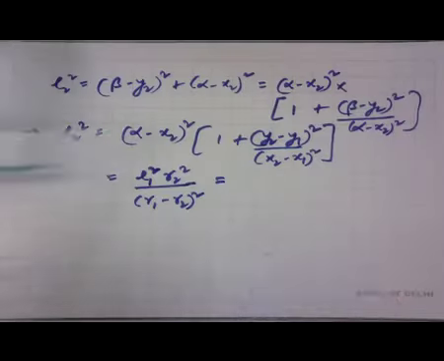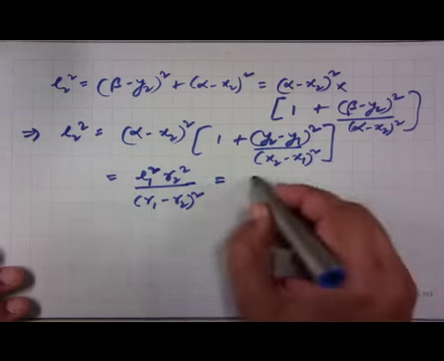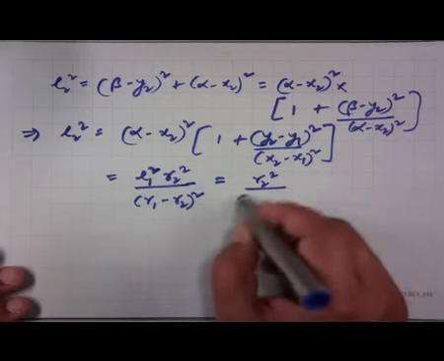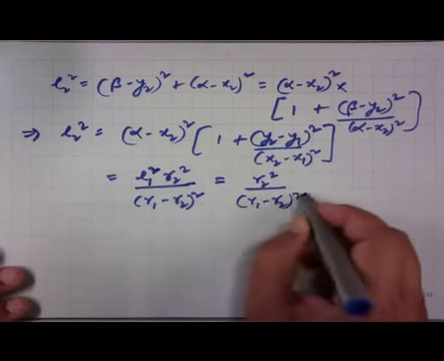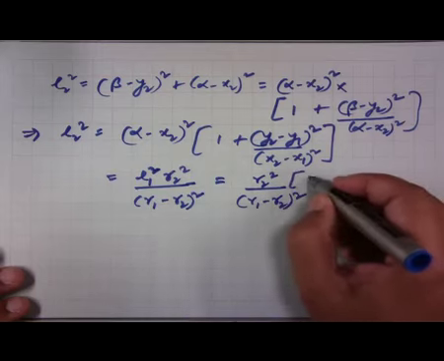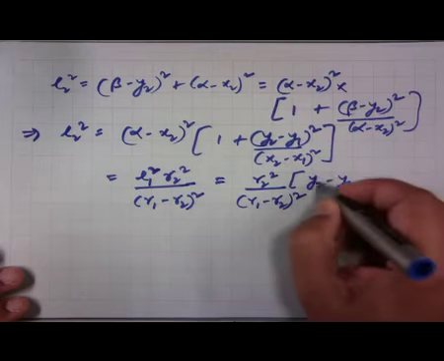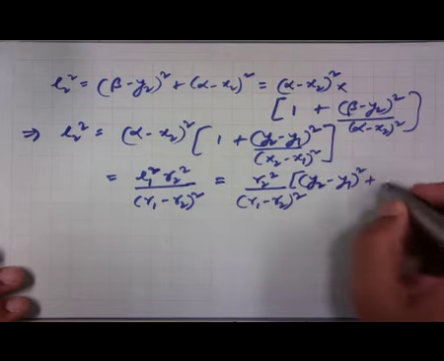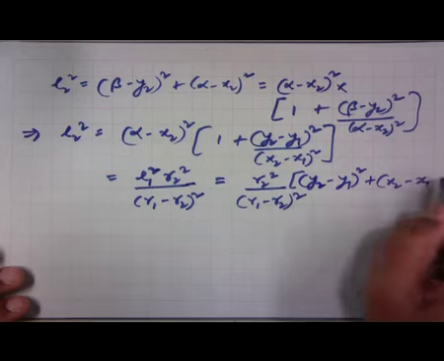So, L1 square is y2 minus y1 whole square plus x2 minus x1 whole square, and this becomes R2 square upon R1 minus R2 whole square into that.